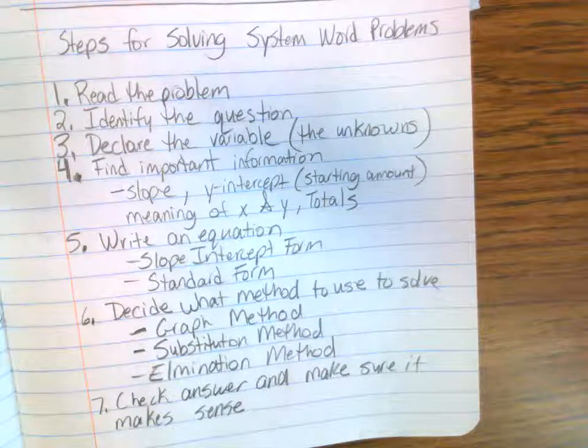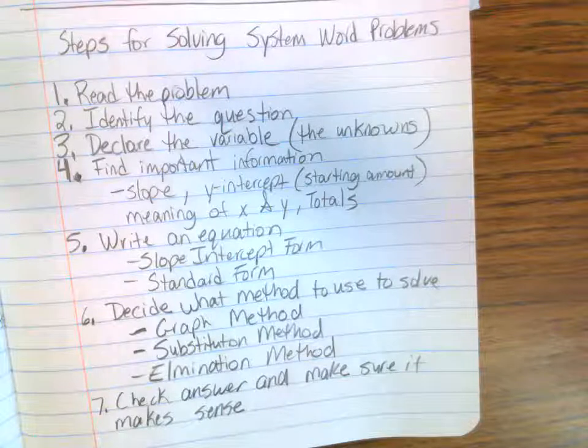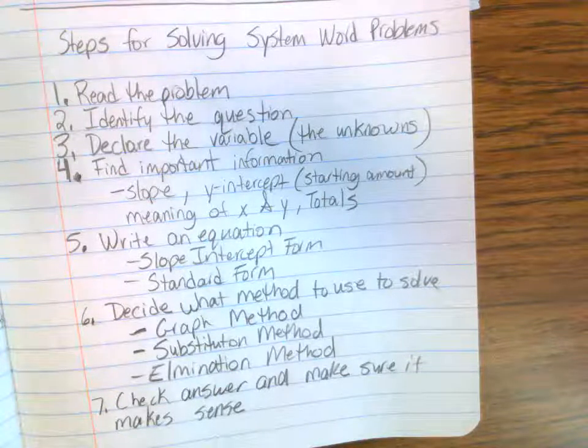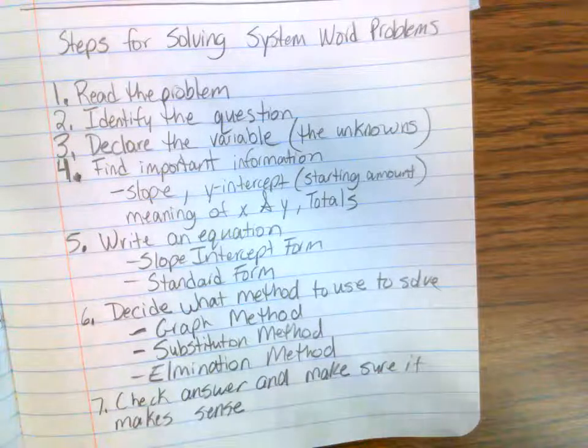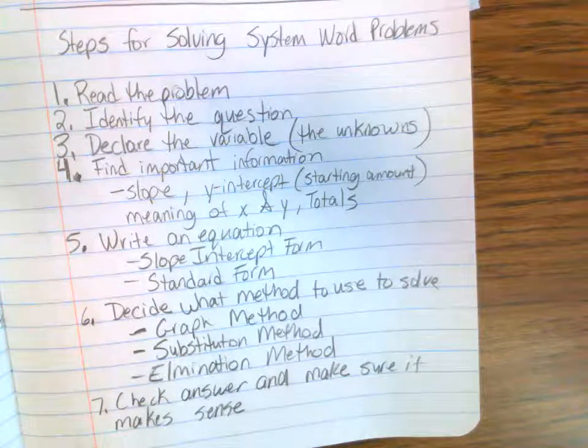A lot of steps. Remember, we're not going to use all 7 steps every time you do a word problem. But this is guidance to help you through these word problems and solving them. Some of us may need more help than others, and so we need to go back and refer to these, okay, to help us along the way. But you are not going to use all 7 steps for all of these word problems, okay? Any questions before I stop?